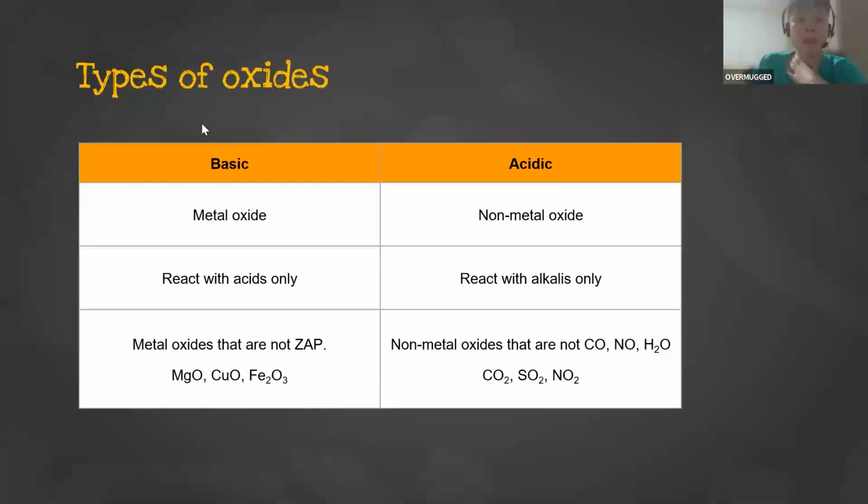So we need to look at the main criteria, which is what it can react with. Then we need to consider whether it is a metal oxide or non-metal oxide. The moment we can identify that, we have a 50% chance already. Metal oxides include basic oxides and amphoteric oxides. Non-metal oxides include acidic and neutral oxides.